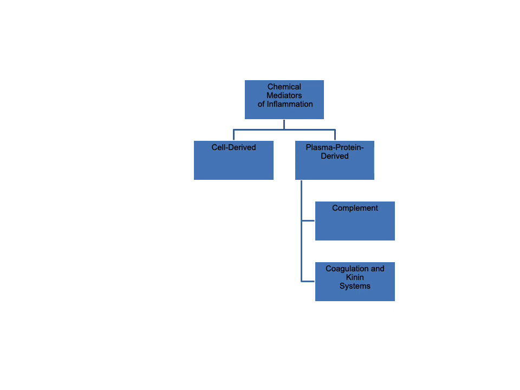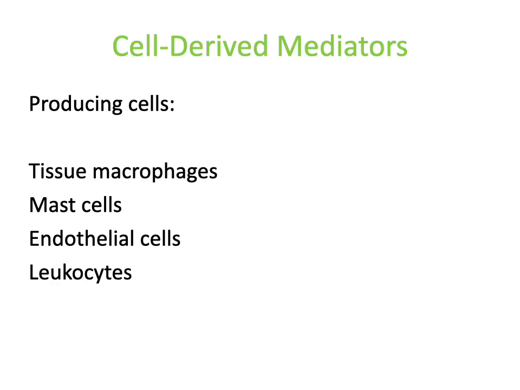or they can be produced by the cells. The cell-derived mediators can be produced by different cell types, including the macrophages, mast cells, endothelial cells, and leukocytes.